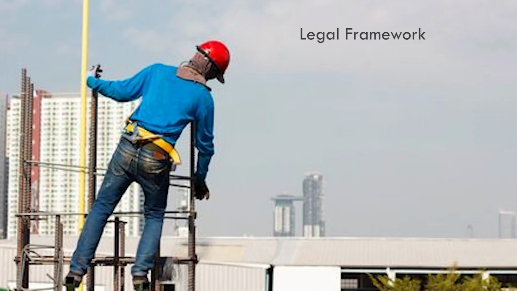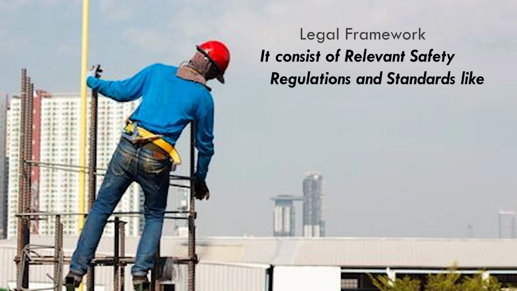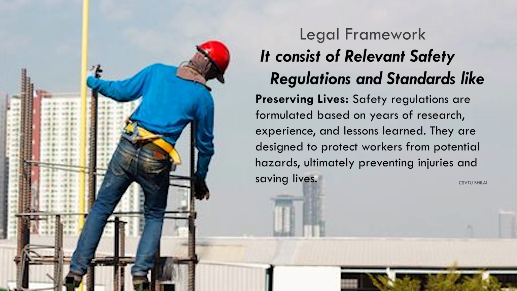Legal framework. The legal framework consists of relevant safety regulations and standards. Preserving life. Safety regulations are formulated based on years of research, experience and lessons learned. They are designed to protect workers from potential hazards, ultimately preventing injuries and saving lives.